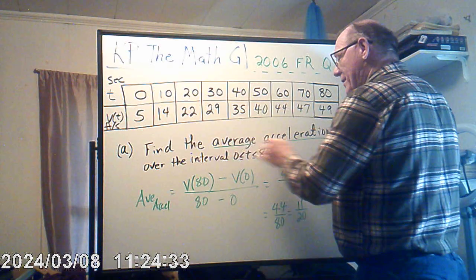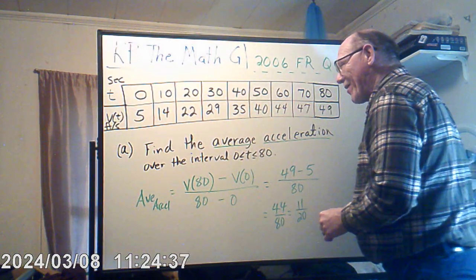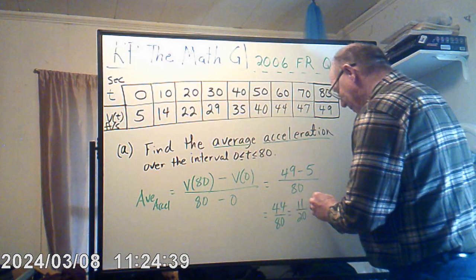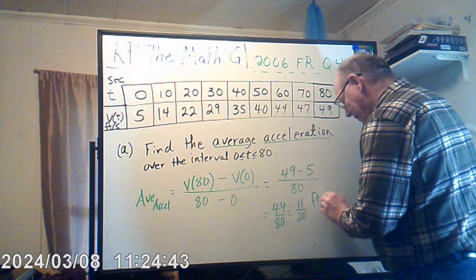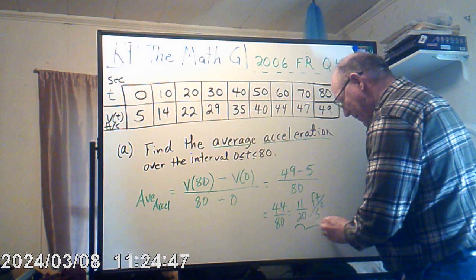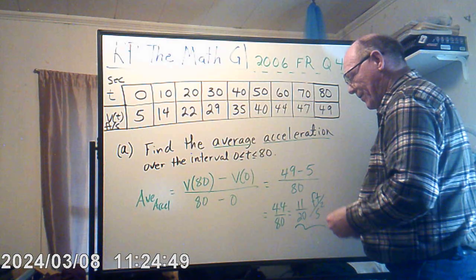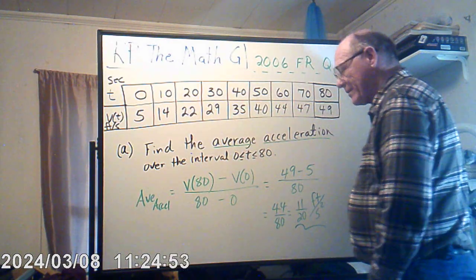They want the units, so we are going to give it to them. When I see in the problem average acceleration, then this is going to be acceleration. That's feet per second squared. And that's it. One point for setting this up, one point for the answer.